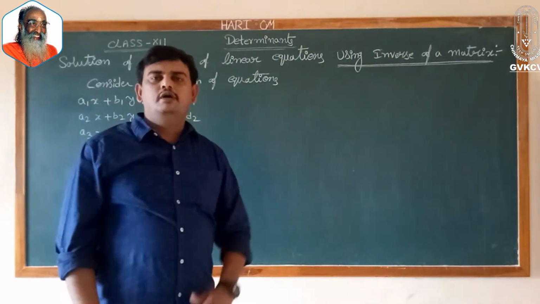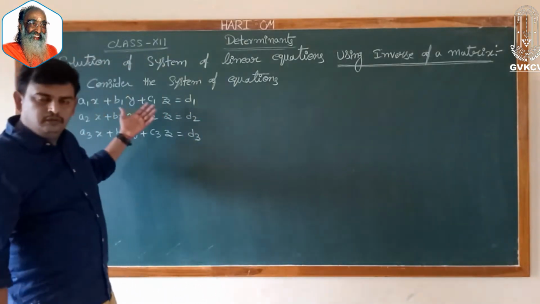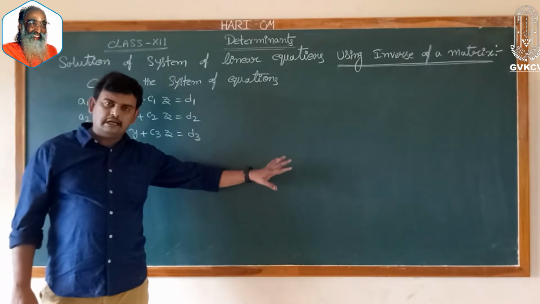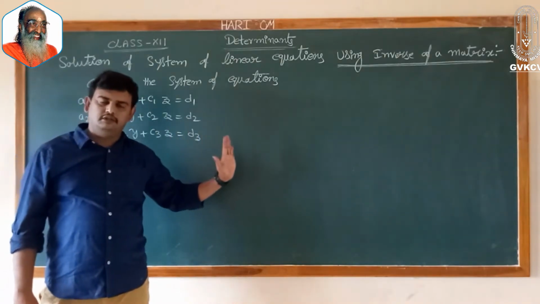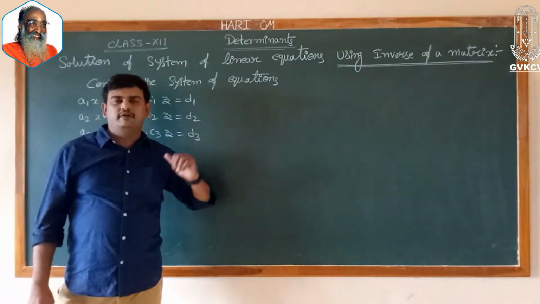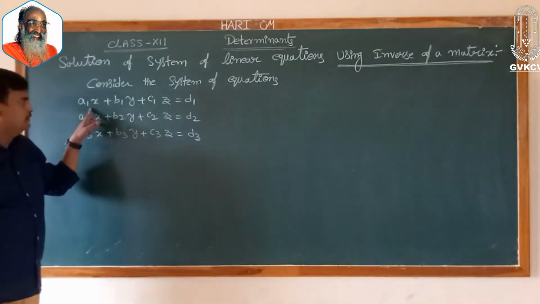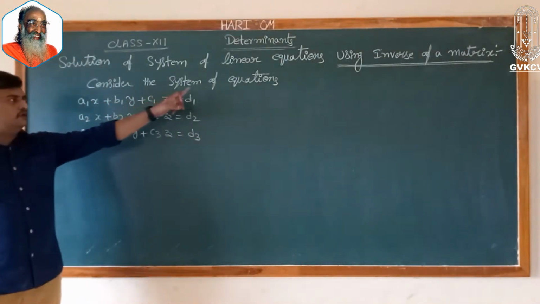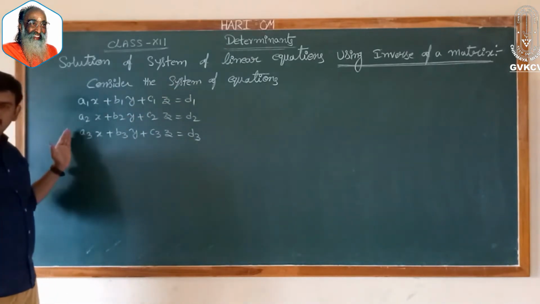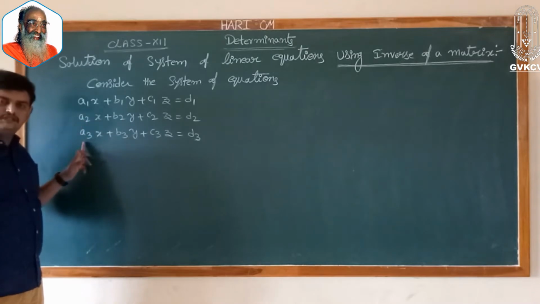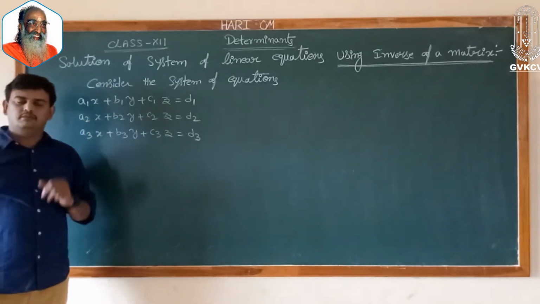That is what we are going to learn here. This is the generalized method of solving linear equations. For example, when we have this system of equations, how many equations do we have? 3 equations. When we have 3 equations, we have 3 variables.